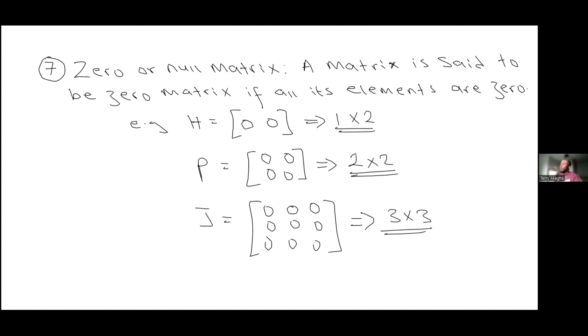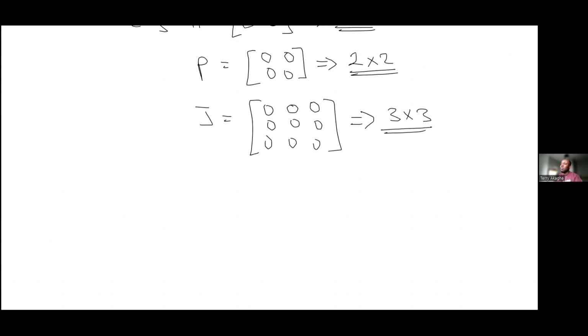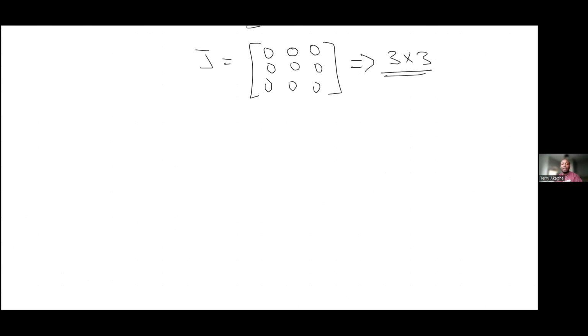Then in the same vein, I'm going to talk about number 8, which should be a unit or identity matrix. Unlike the zero matrix, this is a square matrix of any order. It could be a 4 by 4, a 5 by 5, a 10 by 10, it doesn't really matter.